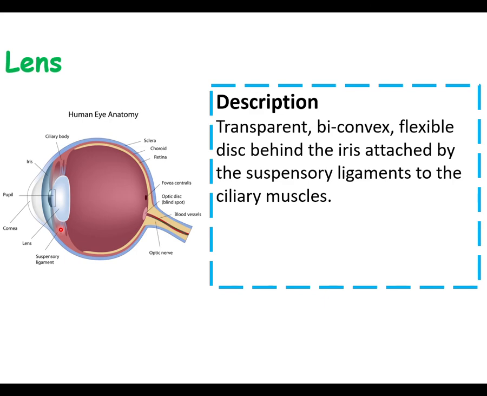But we will do more about that next lesson. It's completely transparent. Unfortunately, sometimes people can have lens replacements because you can get cataracts, and you can have your lens replaced, and that will be fine. So its job there is to focus light onto the retina.